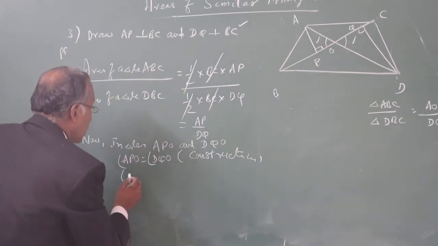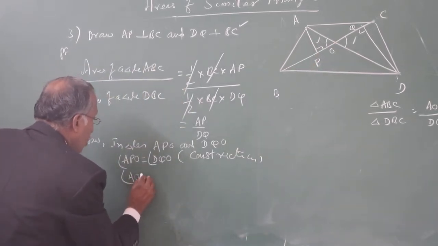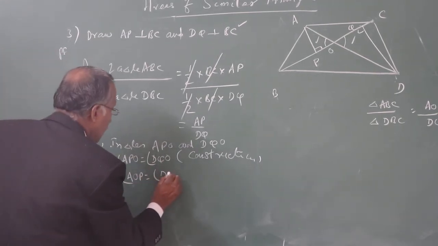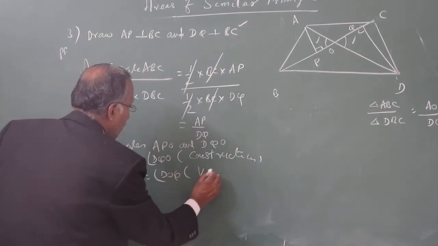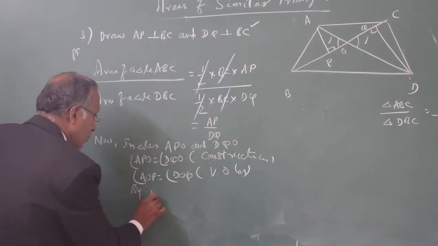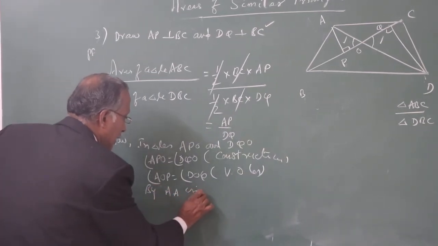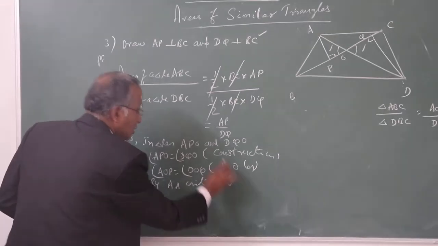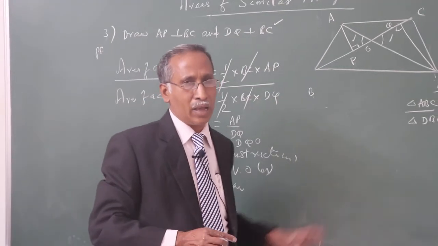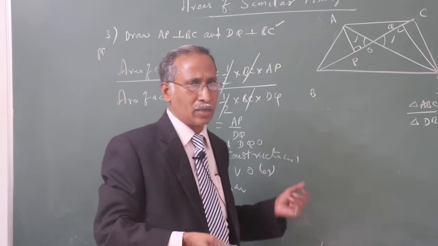So angle AOP equals angle DOQ. Reason: vertically opposite angles. As you know, by AA criterion, which we discussed in the previous session, there are many criteria of similarity.